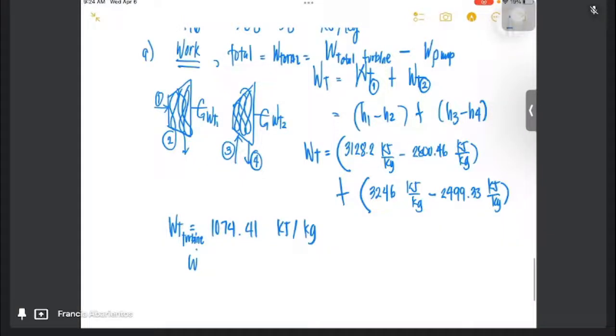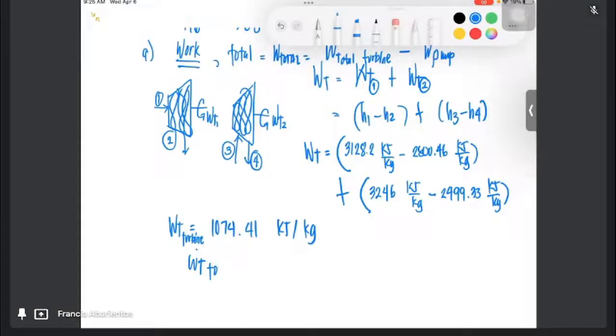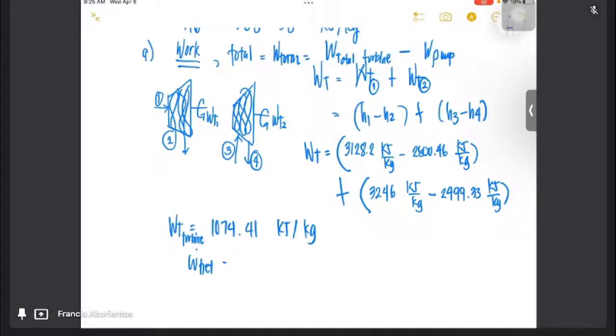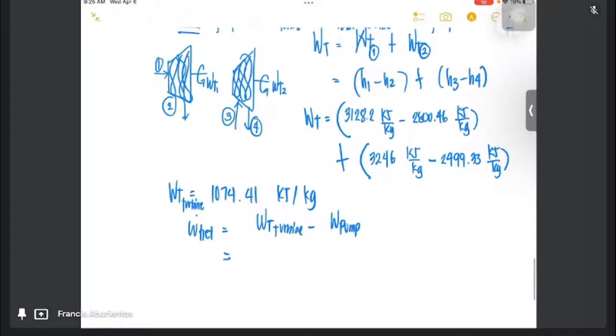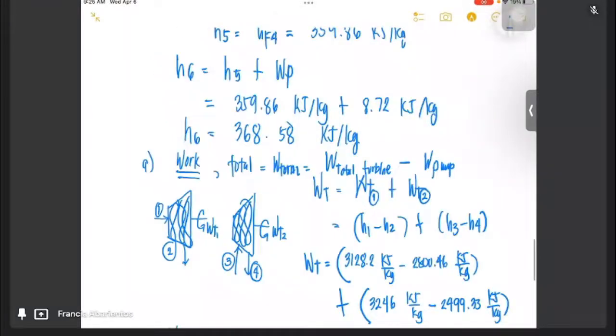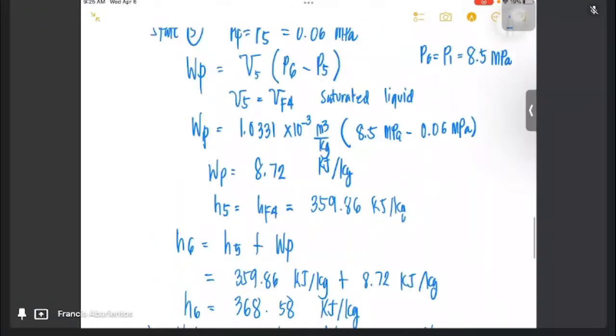So the total work, or the net work, is equal to the total work of the turbine minus the work of the pump. The work of the pump is always negative, class. What is now the work of the pump? 8.72.